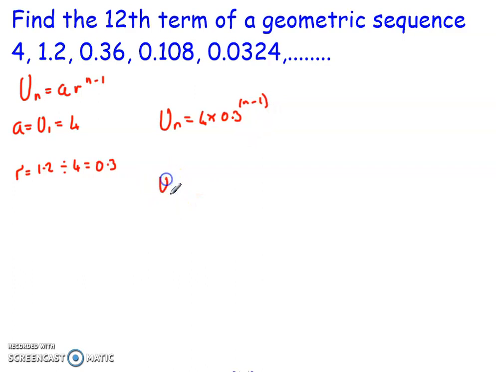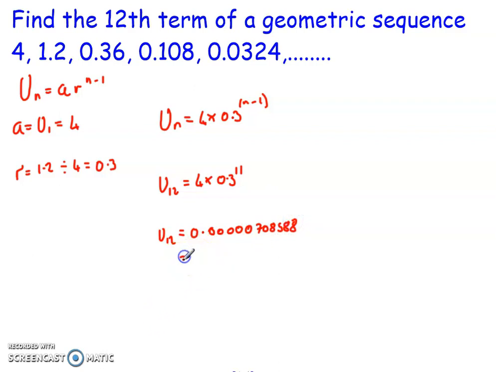In this case, I want u12. To calculate u12, all I have to do is 4 times 0.3 to the n minus 1, so to 12 minus 1, so to the power of 11. Then we just fire it into a calculator and see what we get. When you do that, for this one, you get 0.00000708588.